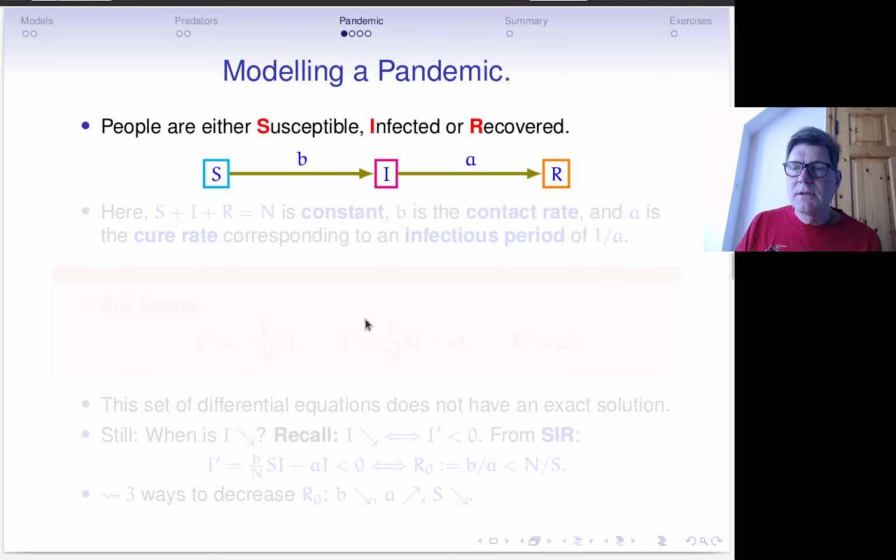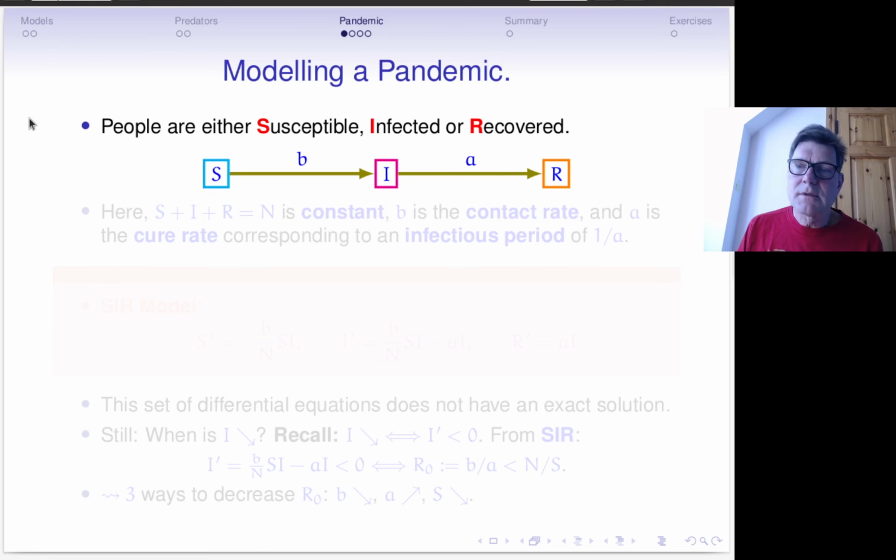Enough of that. The other example I'd like to look into under the current circumstances is a simple model that can be used to model a pandemic or a virus outbreak.